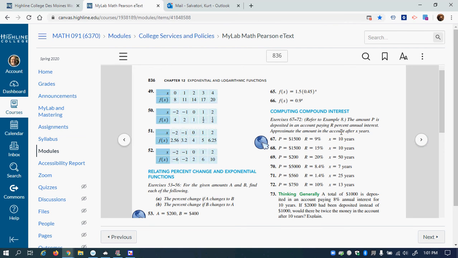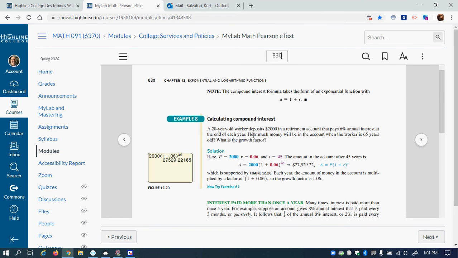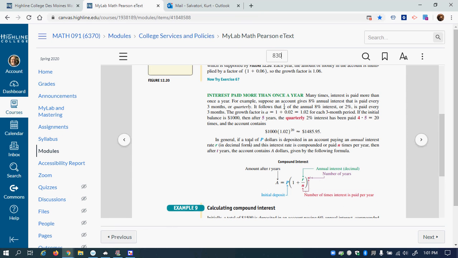Let's go back to page 830. Okay, and so interest paid more than once a year. Sometimes people don't just get paid once a year, they get paid semi-annually every year, or quarterly every year, or every month, those kinds of things.